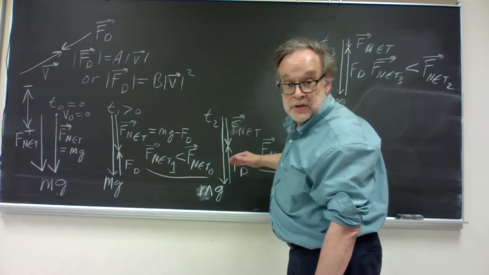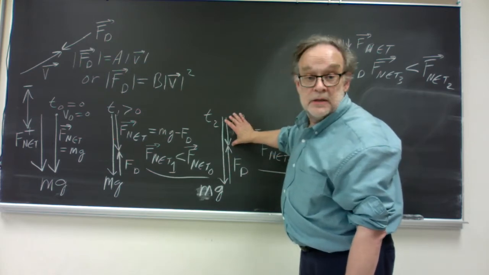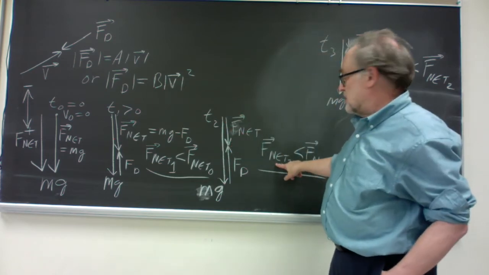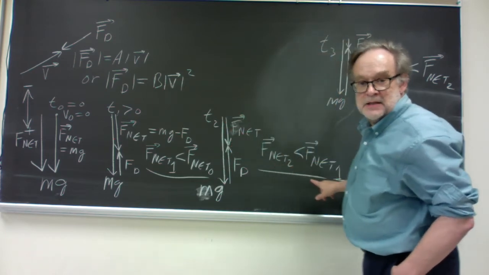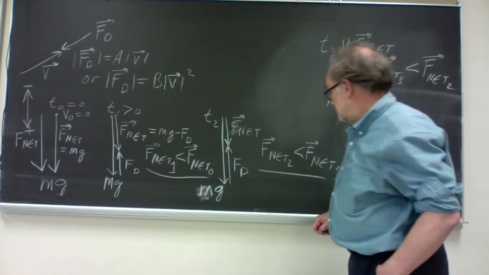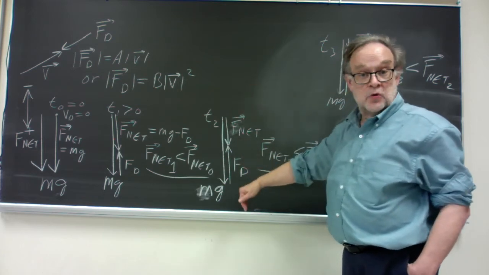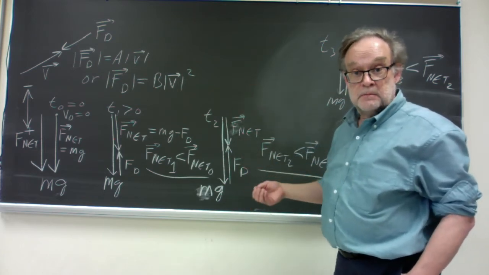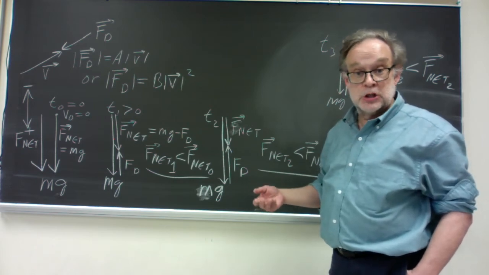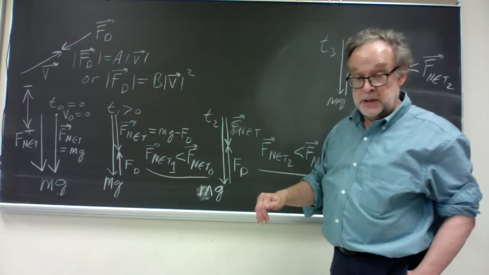The drag force got stronger, and as a result, the net force got smaller. The net force at time 2 is now less than the net force was at time 1. That continues. There's still downward net force, so the falling thing is still speeding up. It's speeding up with a slower acceleration because the net force is smaller, but it's still speeding up.